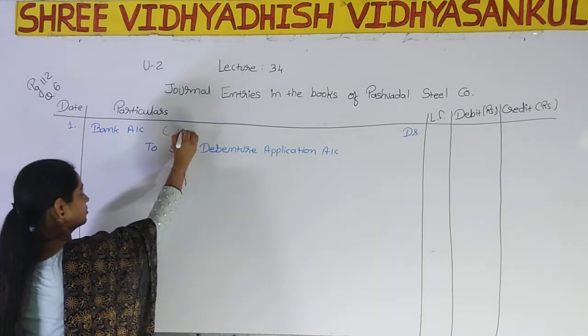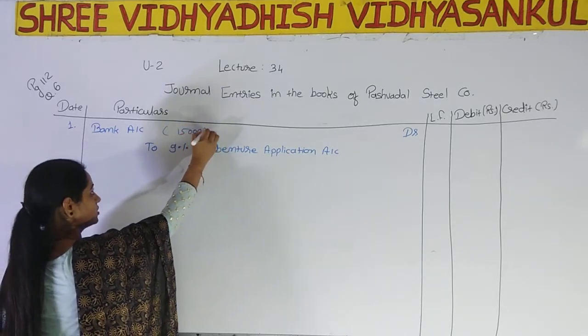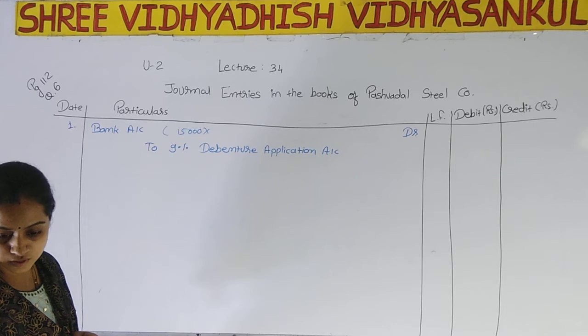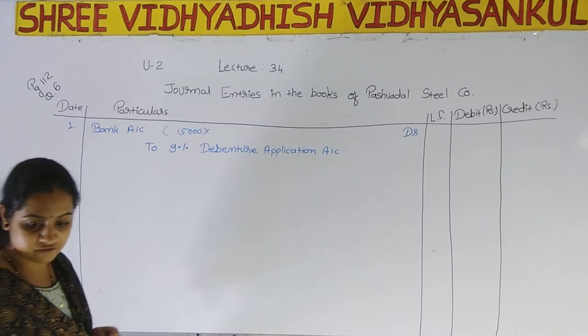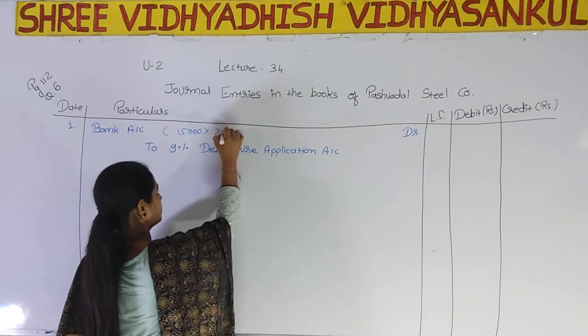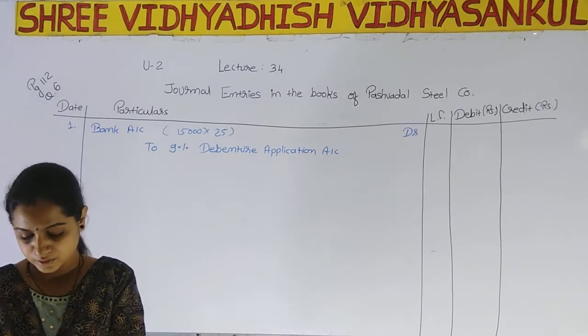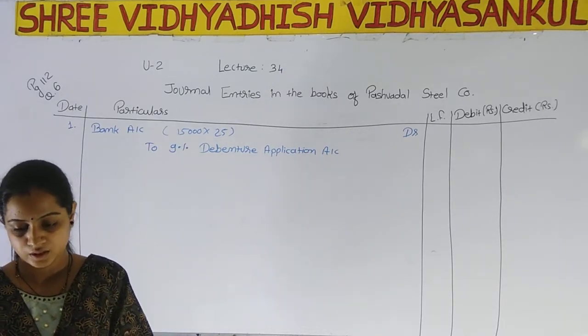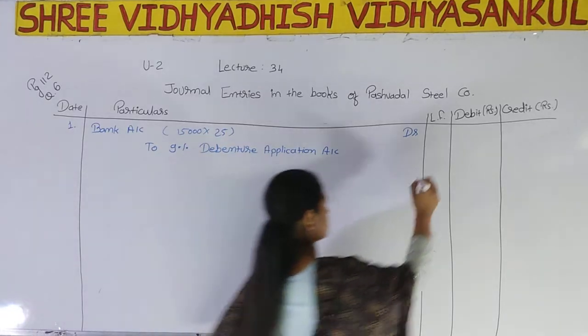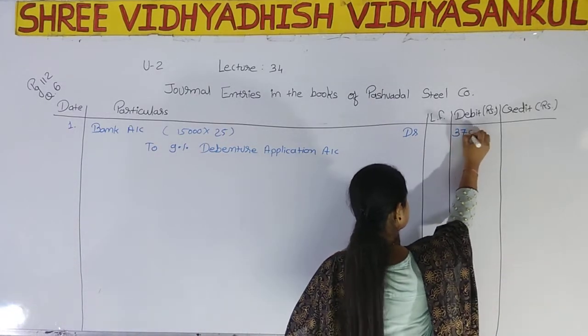The amount is 15,000 into 25, so the amount will be 3,75,000.